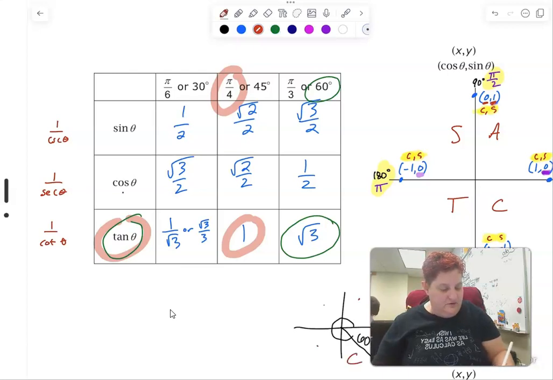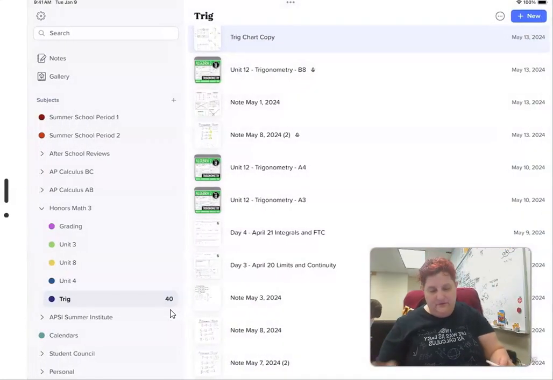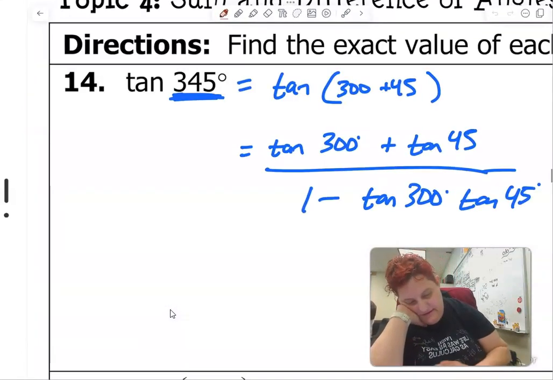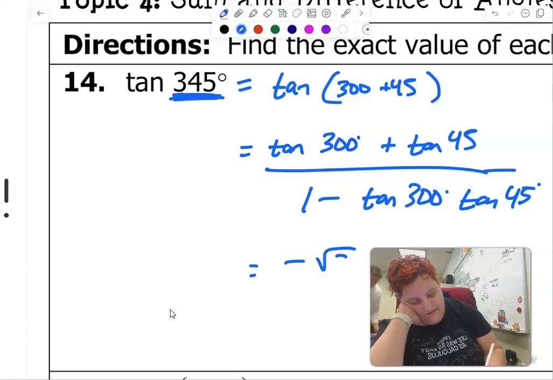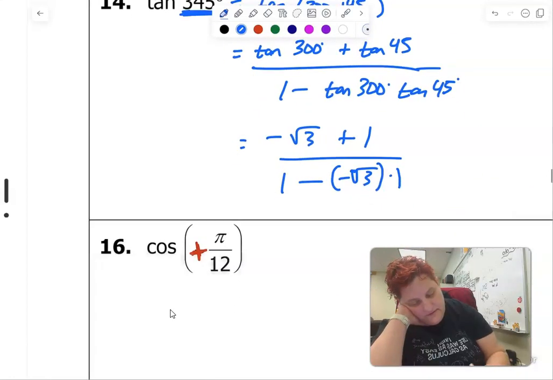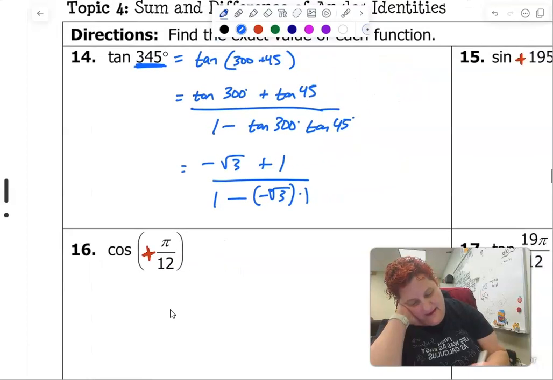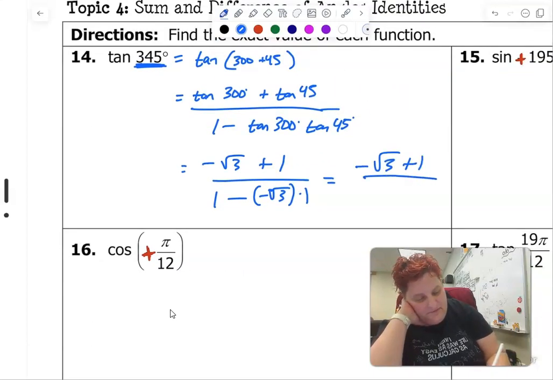It's in the cosine quadrant, so it's negative, okay? So we go like this. This is going to be negative root 3 plus 1 over 1 minus negative root 3 times 1. Okay? And obviously you don't need the times 1 on the bottom. So negative root 3 plus 1, over 1 plus root 3.